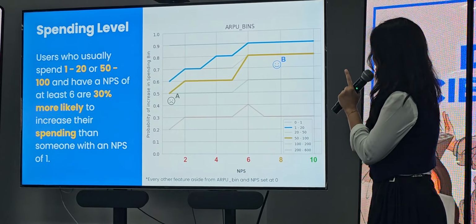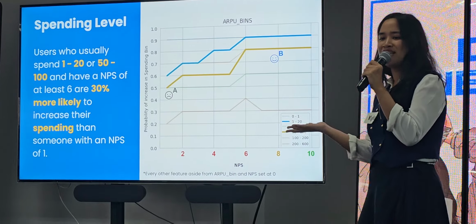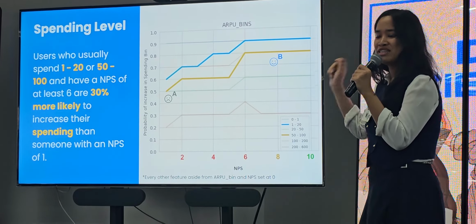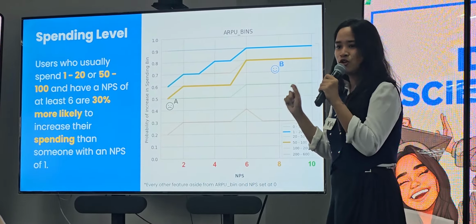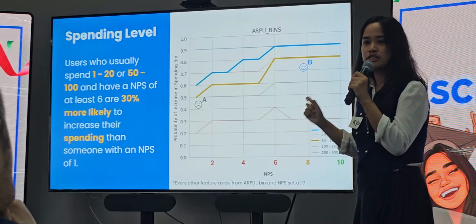If he gives an NPS of 1, he's 50% likely to increase spending, basically a coin toss. But if the same user profile gave an NPS score of 6, they are now 80% likely to increase their spending.